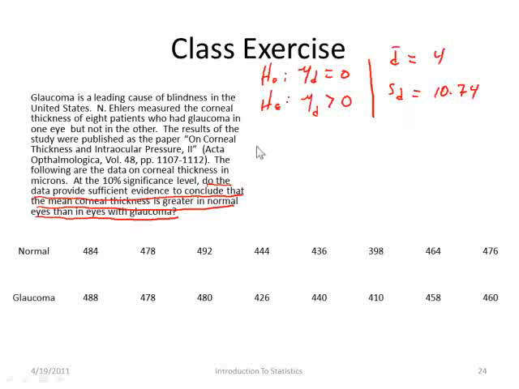So the t-test statistic for step 2: t equals d bar, so 4 times the square root of 8 divided by 10.74. So what do we get for our t-test statistic? 1.05?